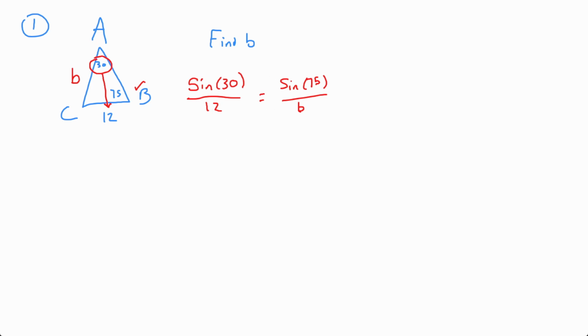Here I'm going to cross multiply. I'm not going to do all this part every time here on this video, but show everything this time. I have b times sine 30 is equal to 12 times sine 75.